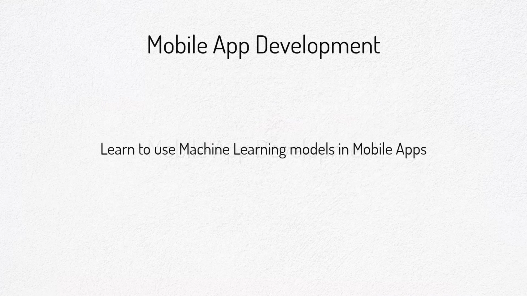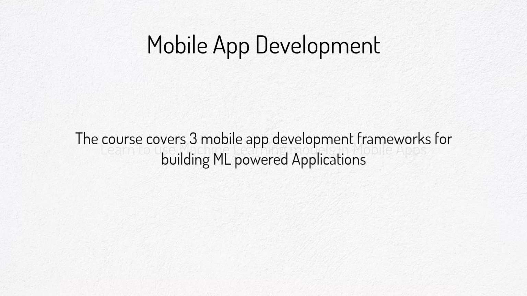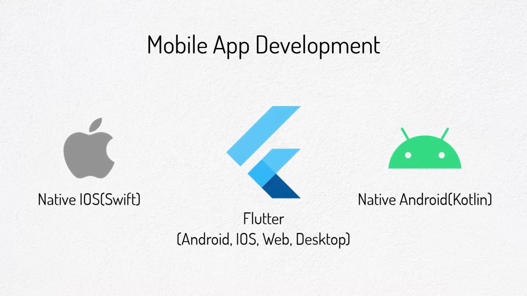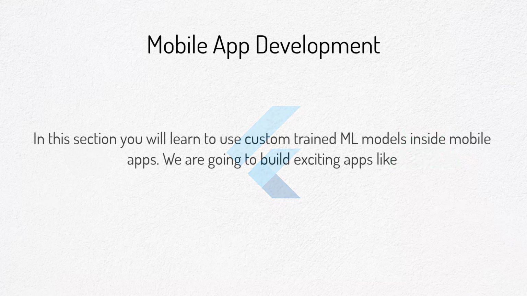So after training machine learning models, you will learn to use these models inside mobile applications. So inside this course, we will be using 3 different mobile app development frameworks to build our mobile applications. And these frameworks include Flutter, native Android with Kotlin, and native iOS with Swift. So throughout this section, we are going to use our custom trained machine learning models inside mobile applications.